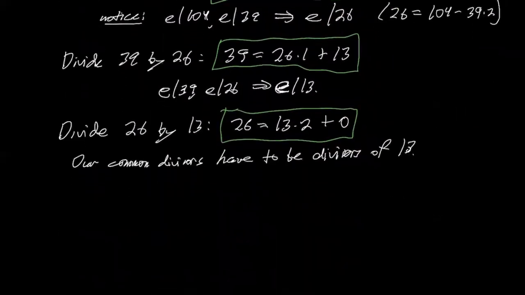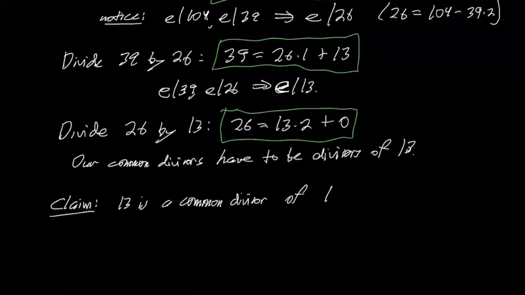13 is the largest possible, but why is it a common divisor? I claim that 13, in fact, is a common divisor of 143 and 104.